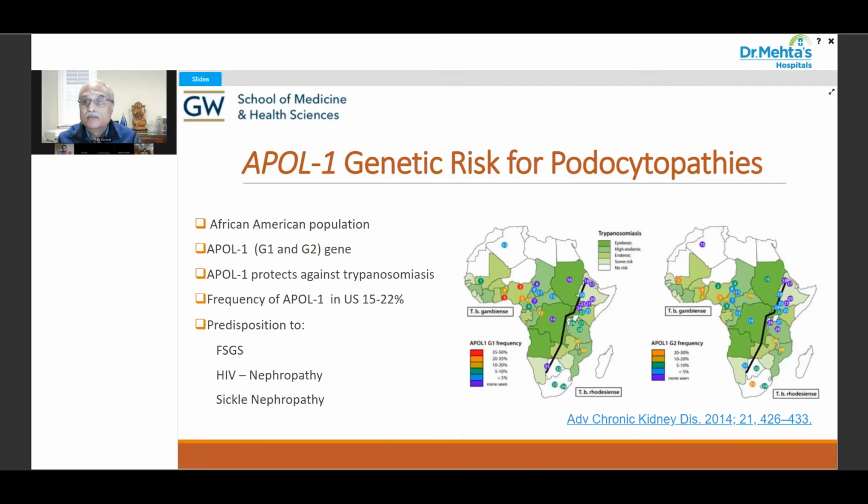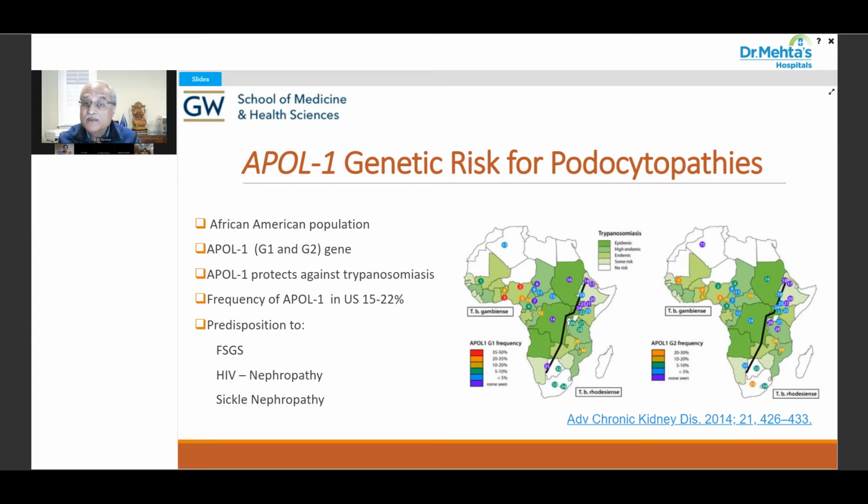Just a very brief review of why the APOL1 gene might be important. We have a huge population of African Americans in this country, and that's what drives the discussion towards APOL1. From a historical point of view, as you know, Western Africa is where most of the slaves to the United States and Caribbean came from. This is also where trypanosomiasis is very common.